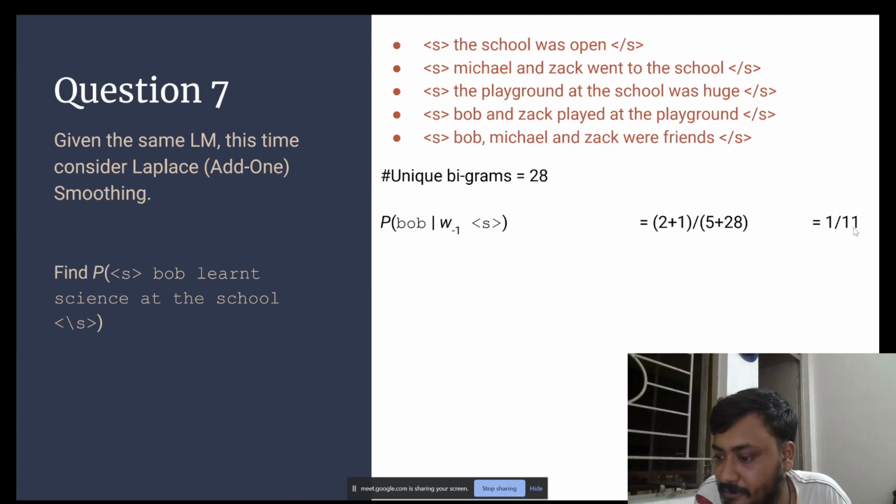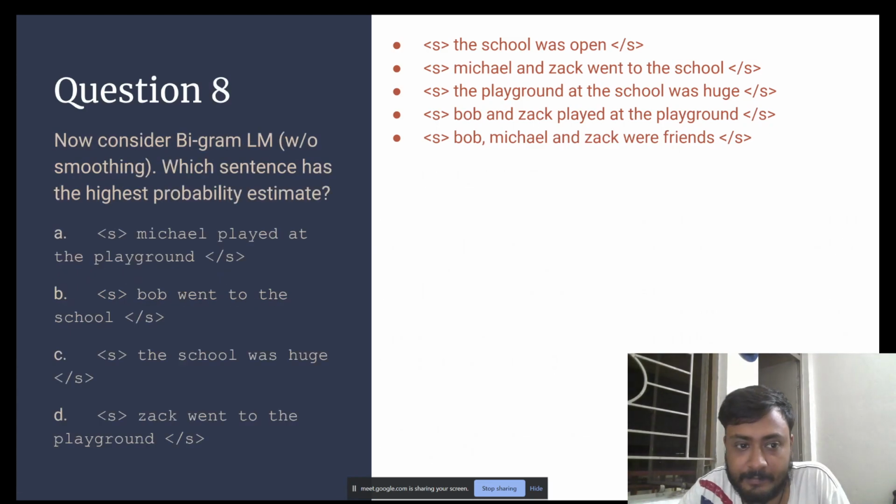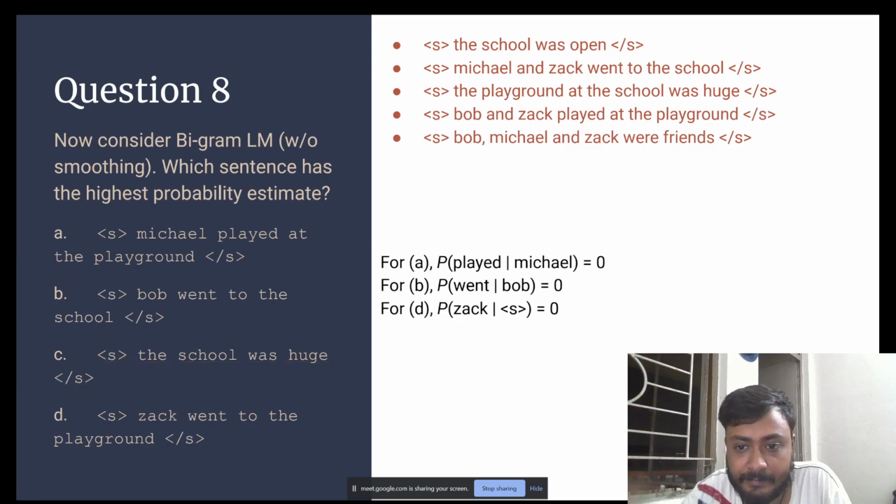Sir, could you please show question number 8? This one? Yes, sir. Yeah, so I'll just repeat once more. Since this is an MCQ, there are some tips and tricks which we can apply. Sir, question 9.